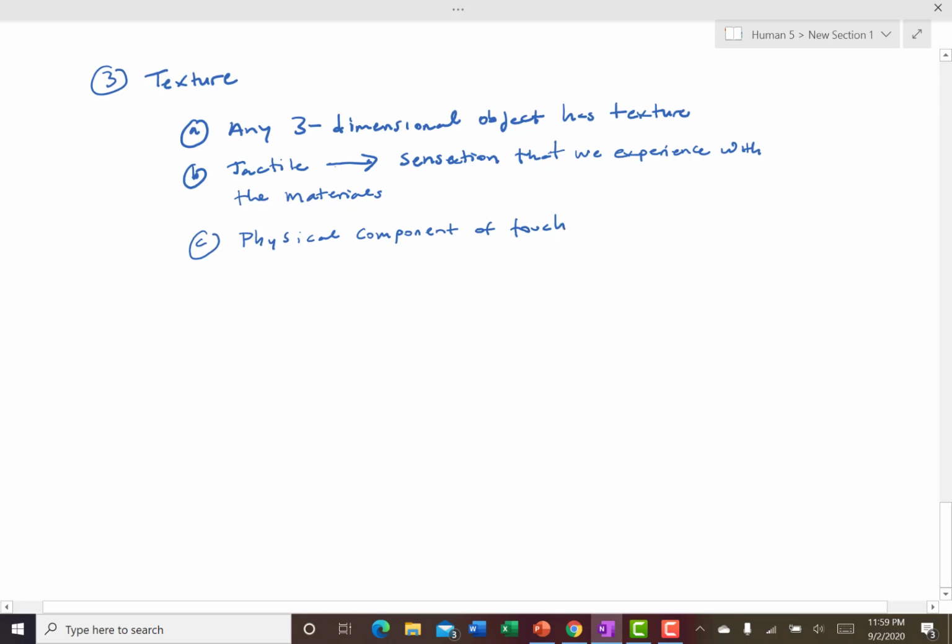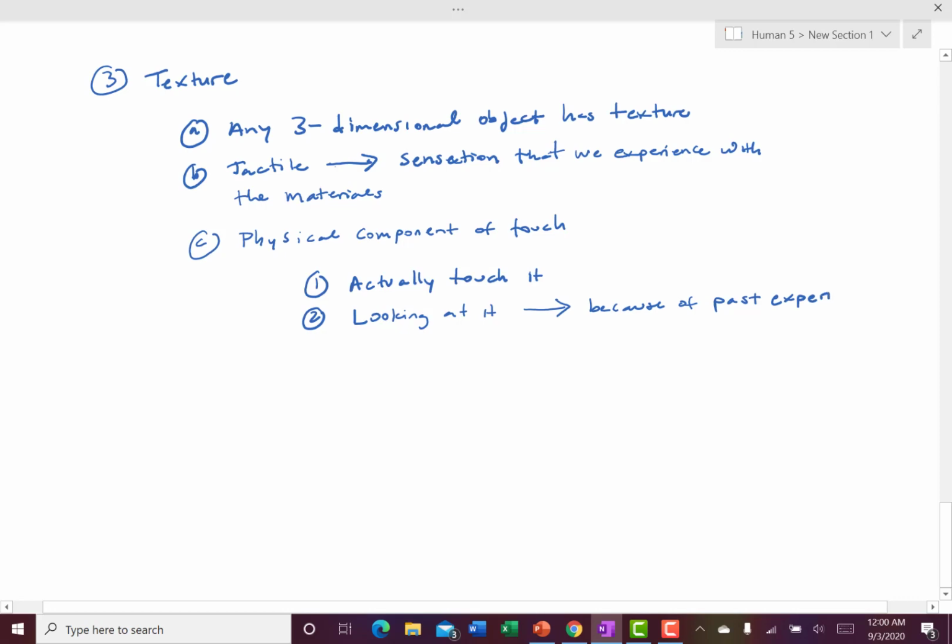And you may not be able to touch it, and so whether you can actually touch it versus just looking at it, because of past experience, right? I've touched carpet before.